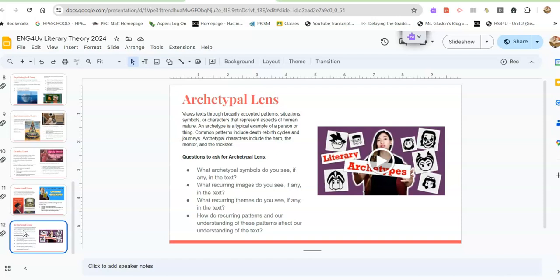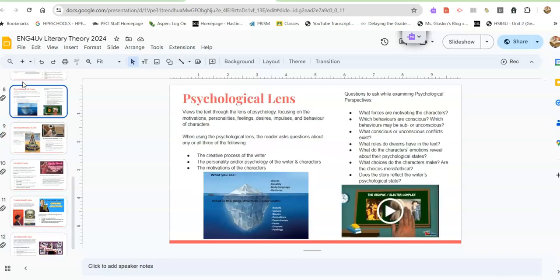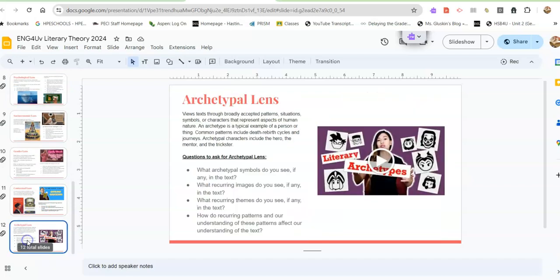The other one is the archetypal lens, and it's actually connected to the psychological lens. Sigmund Freud was the founder and somewhat considered the father of the psychological lens and of psychology in general. It's really important to note that Carl Jung was a student under him.